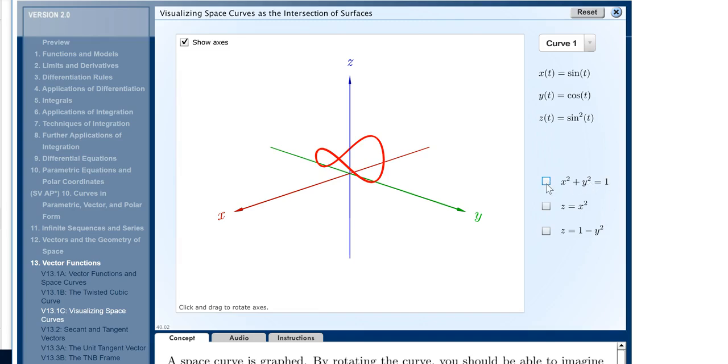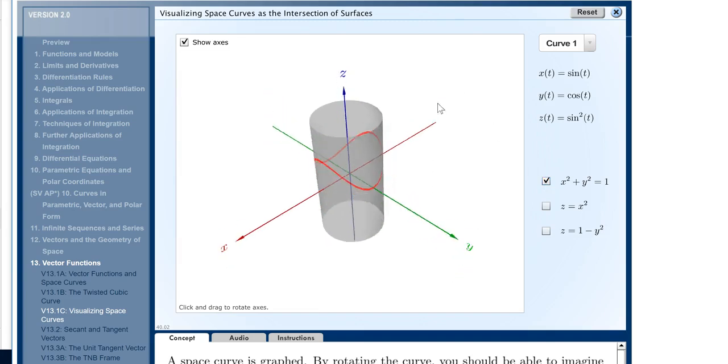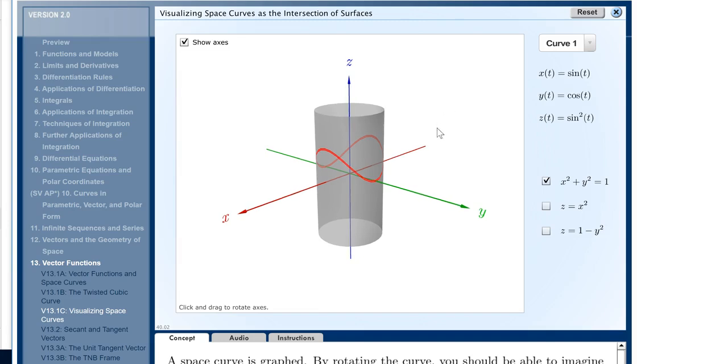This red curve is the space curve x, y, z, and that gives you that cylinder. So the curve lies on the cylinder because it satisfies this equation. If it satisfies the equation of the cylinder, it'll lie on that cylinder.